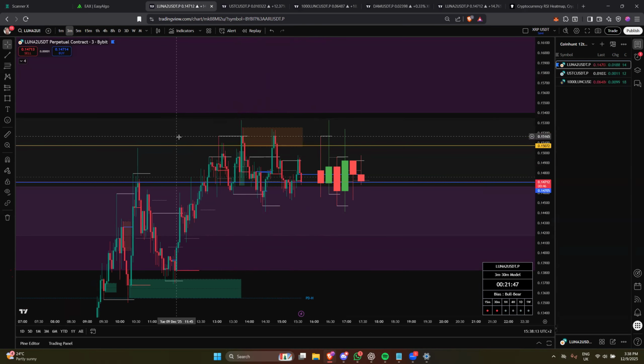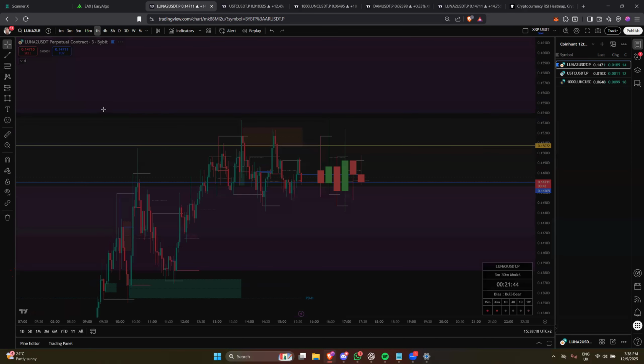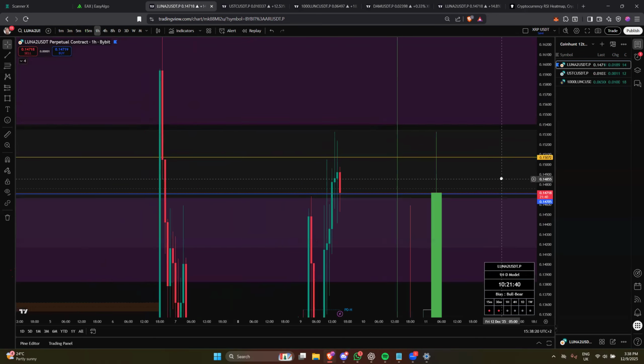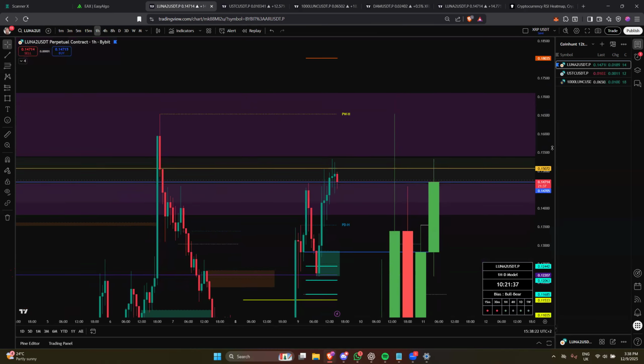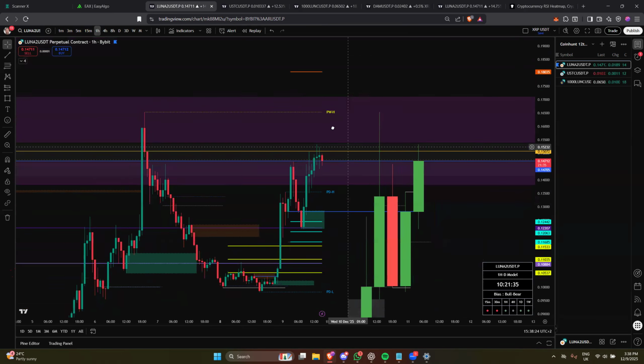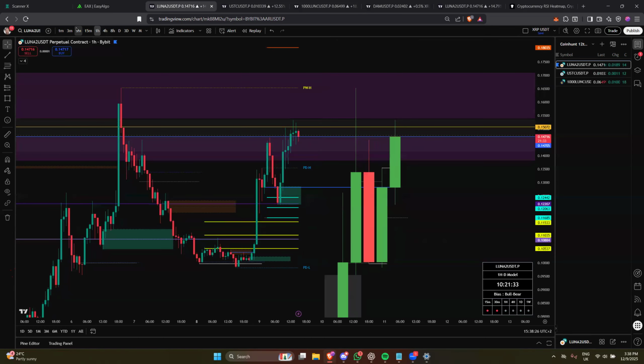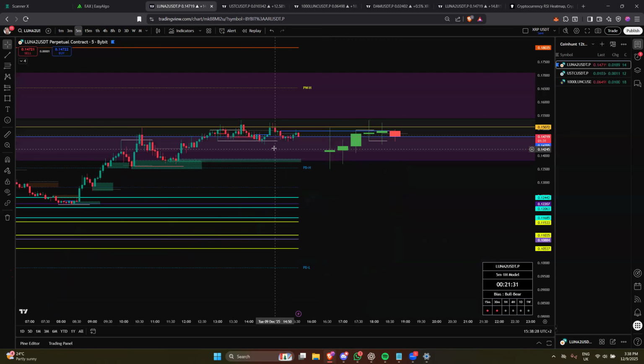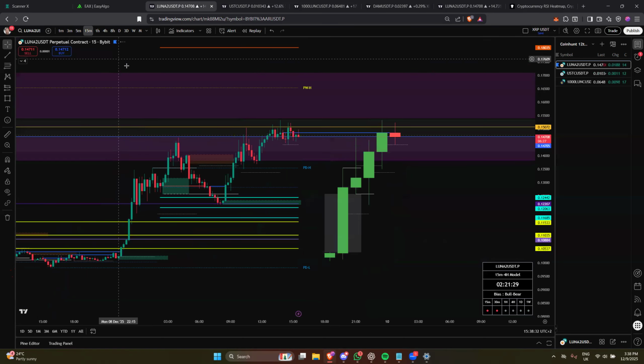But a CISD in general can just be marked out. Let me see now. On the 5 minutes, I just want to make something more realistic here, so it's easier for you to understand. Let's consider the series of candles that pushed over a key level.